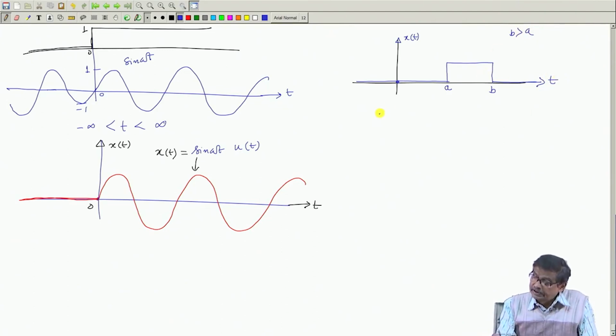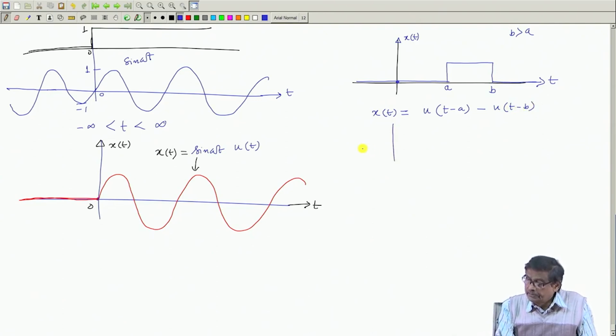Now, this function x(t) can be easily shown to be u(t minus a) minus u(t minus b), because u(t minus a) is this signal.